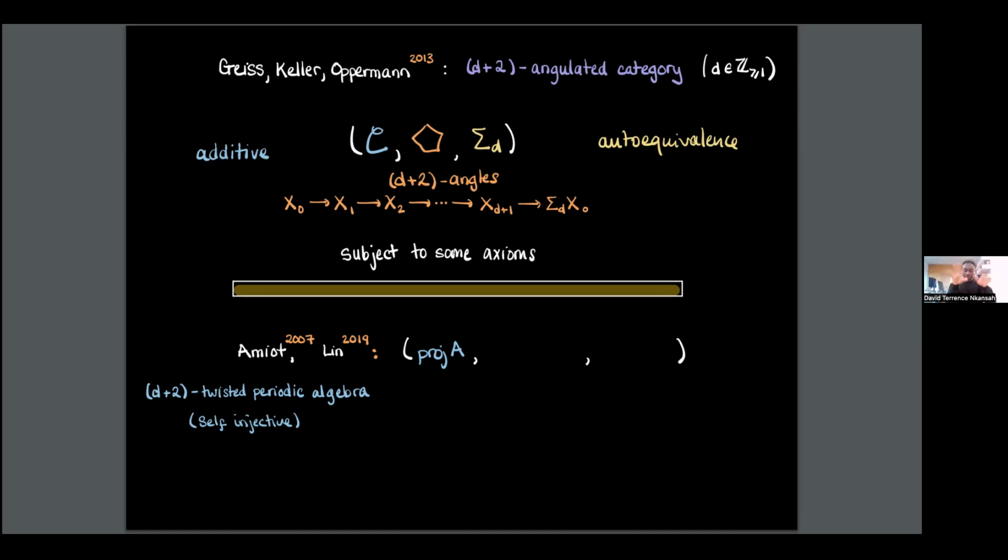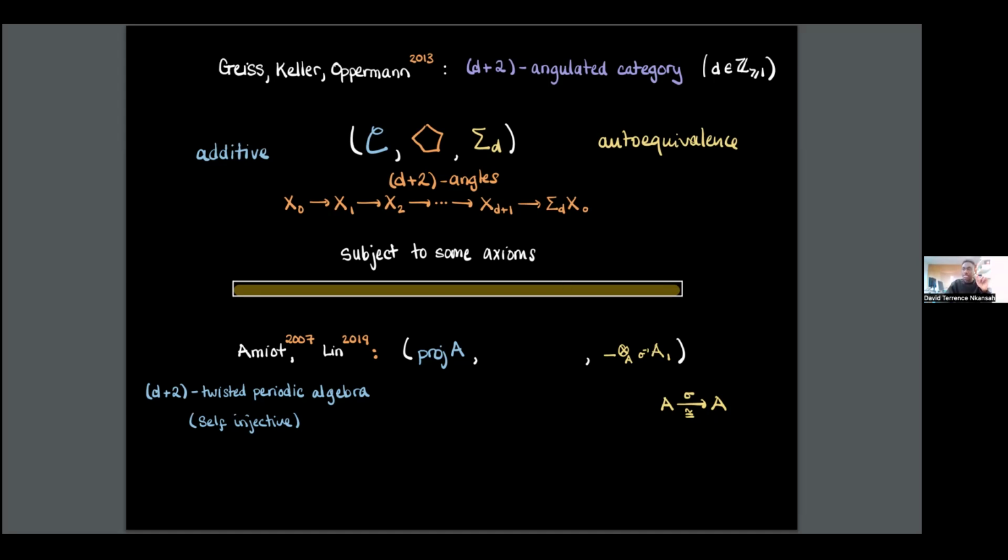Now what are the other bits of information? Well, the definition of a D plus 2 twisted periodic algebra comes equipped with a sigma, an automorphism of the algebra. And this automorphism will give us an automorphism on proj A. Namely, it will be a tensor product with A considered as a bimodule. On the right, the normal multiplication is there, and that's what this little one is signifying here.